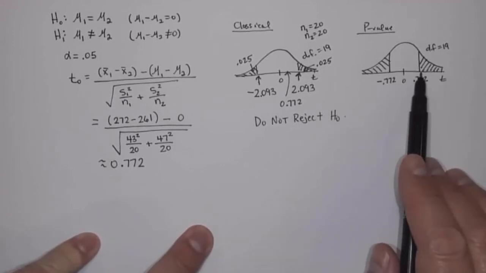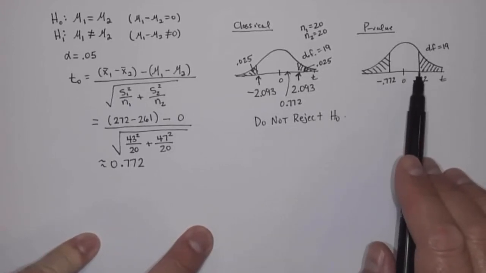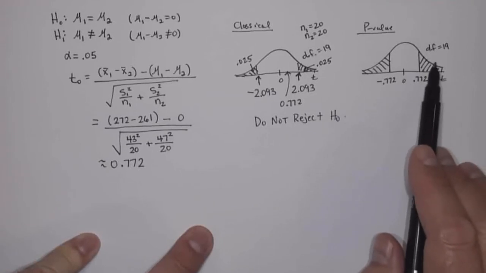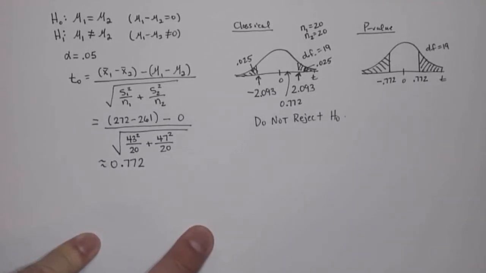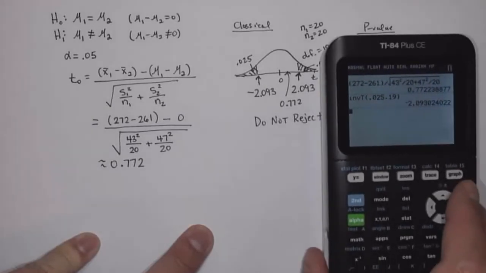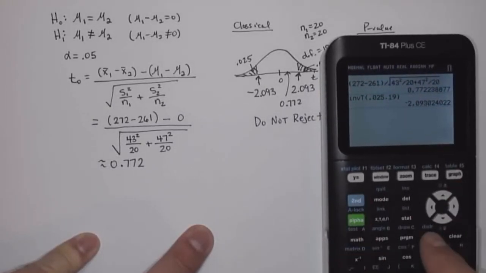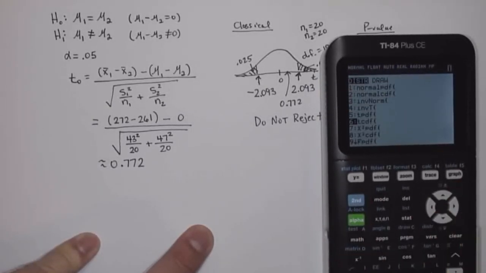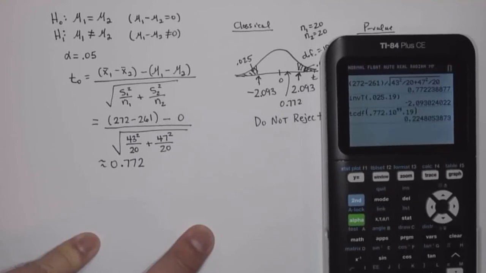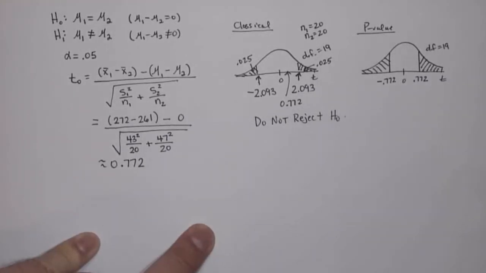I want to find the area from 0.772 to a big positive number on a t-distribution that has 19 degrees of freedom. So I go to distribution and tcdf, going from 0.772 to a really big number, with 19 degrees of freedom. That is approximately 0.2248.